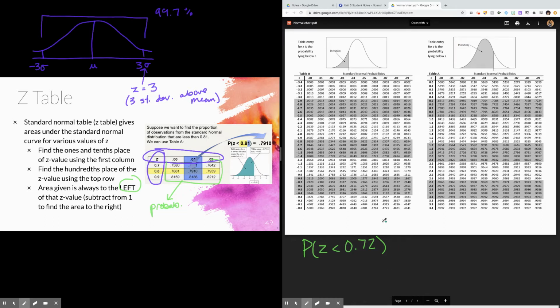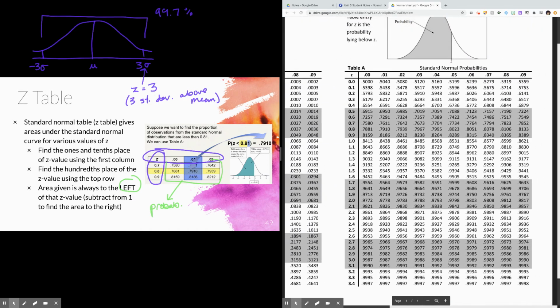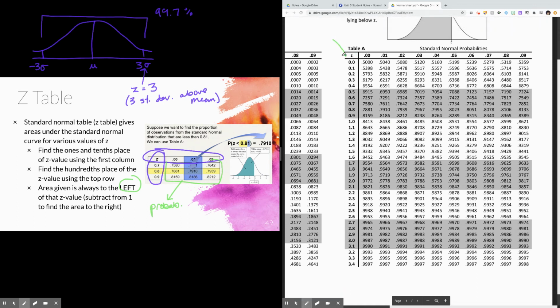So if I want to find the probability that Z is less than 0.72, I'm going to zoom in on this side. The first thing I have to look at is this column and look for 0.7, because remember, my z value is 0.72. This first column gives you the 0.7, which is right here.